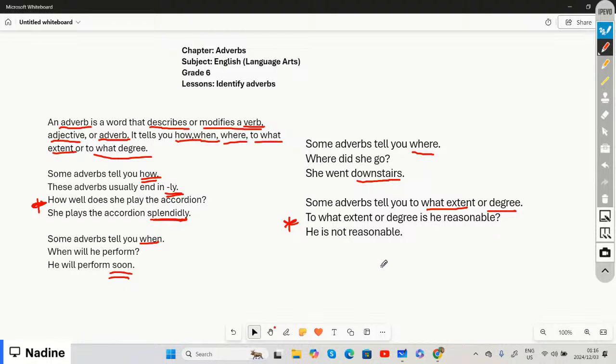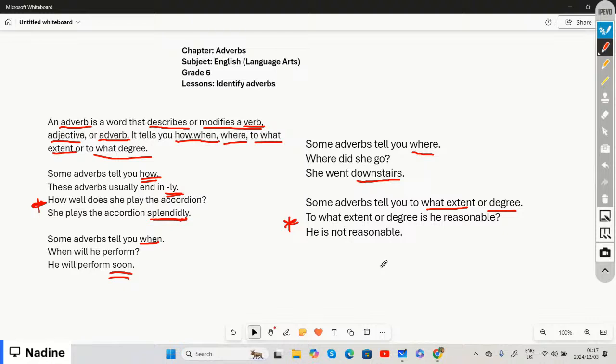And we said some of our adverbs that tell us when, for example, soon, today, daily, things like that.